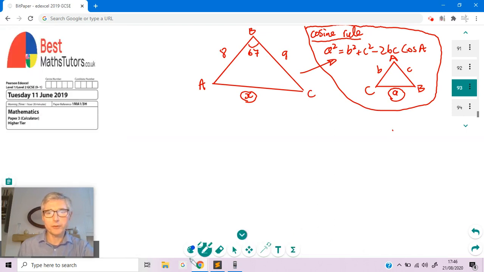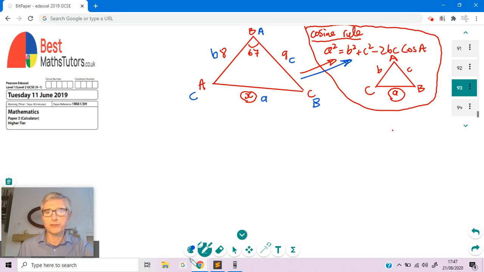Because it's X that I'm looking for, that's going to be my A, and this is going to be my angle A. The other two sides are now going to be B and C, labelling clockwise from the A: A, B, C. So the length opposite the angle C is this one, which is the 9, and the length opposite the angle B is the 8. So this is our B that we're going to apply into this formula.